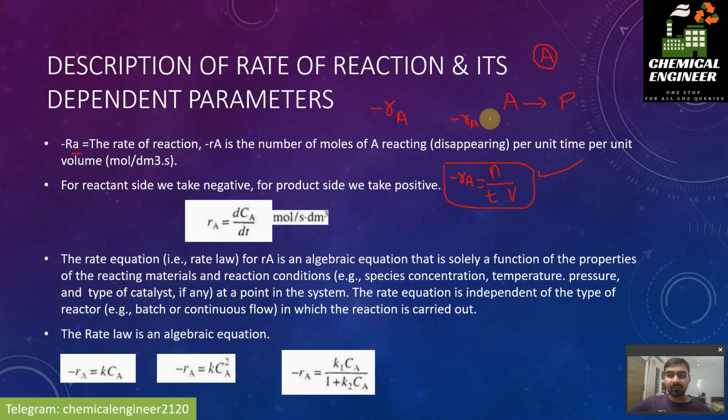And suppose we consider this a homogeneous reaction, it will be equal to the formation of rP. How we get this we will see in the next slide, but it is a simple mass balance: the loss of molecules from A is equal to the number of molecules becoming P.